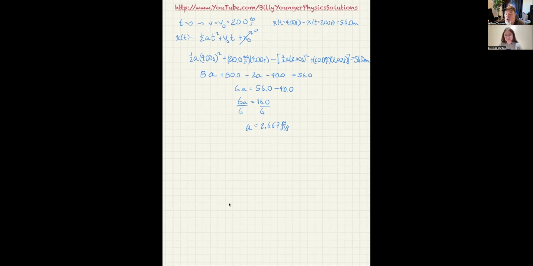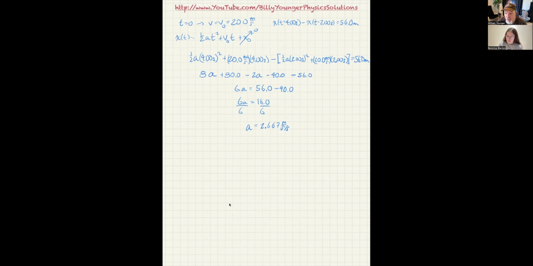Well, actually, there is a way you could do that. It would probably be a little bit more work. You could use the fact that the initial velocity was 20 meters per second, and the final velocity at t equals 2 seconds is something you don't know, but you just set it up and say this is the final velocity, which squared is equal to 20 squared plus 2 times a times x.